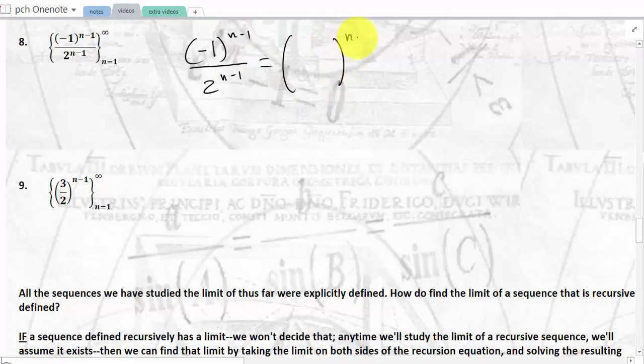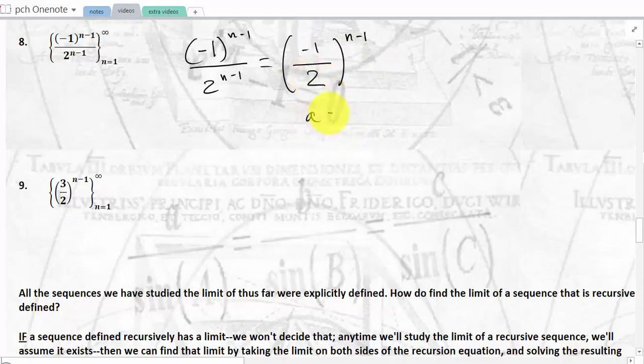All right, let's go over an example here. So I'm going to do example number 8, and you're going to do example number 9. What is the limit of (-1)^(n-1) over 2^(n-1)? Well, this is pretty simple, right? I can take n minus 1 out. This is a simple rule of exponents. And so you have (-1/2)^(n-1), right?